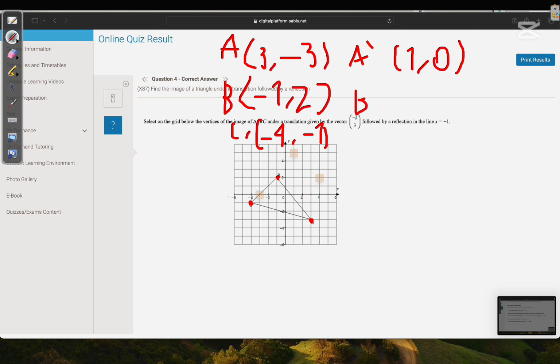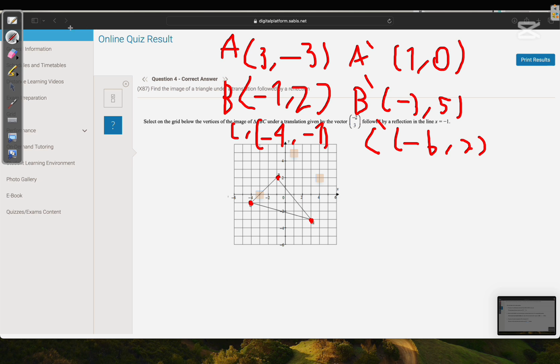B prime is negative 3, 5, while C prime would be negative 2 plus negative 4, negative 6, 3 plus negative 1, which is 2.